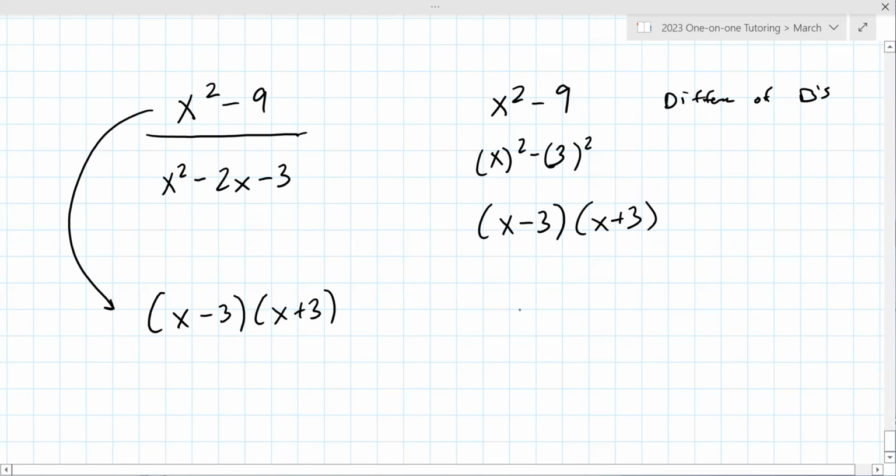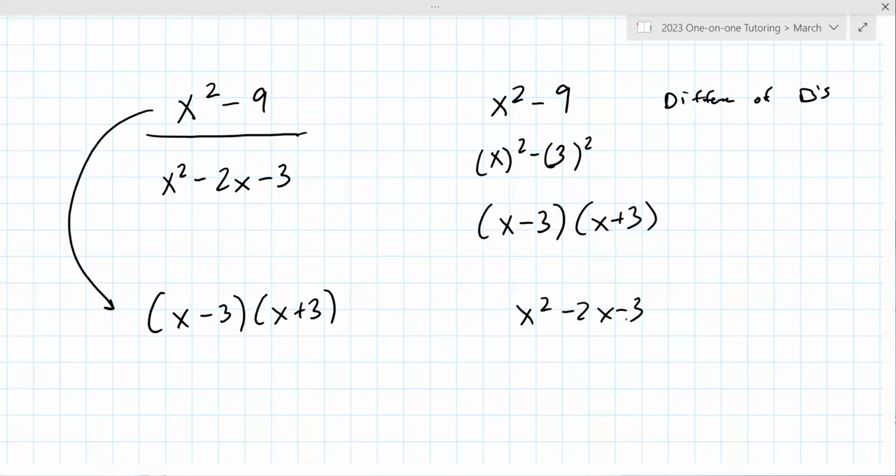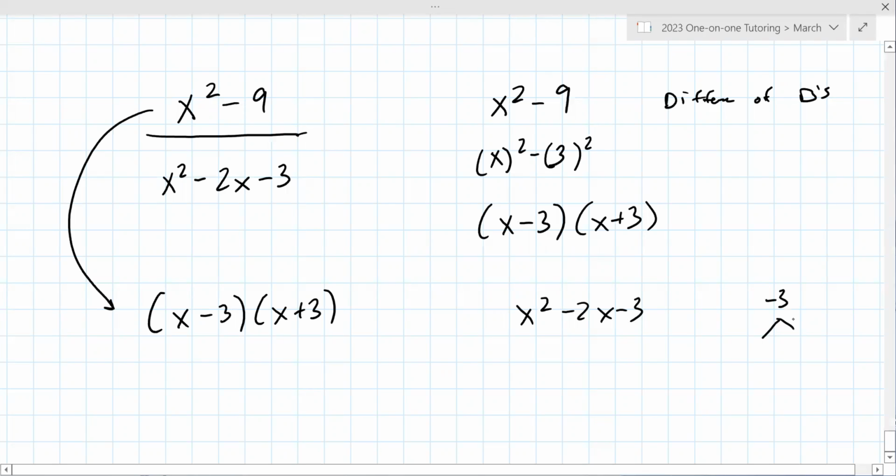Now on the bottom, x squared minus 2x minus 3, you're looking for two numbers that multiply to -3 but add to -2. Do you want to give that a try for me, please?